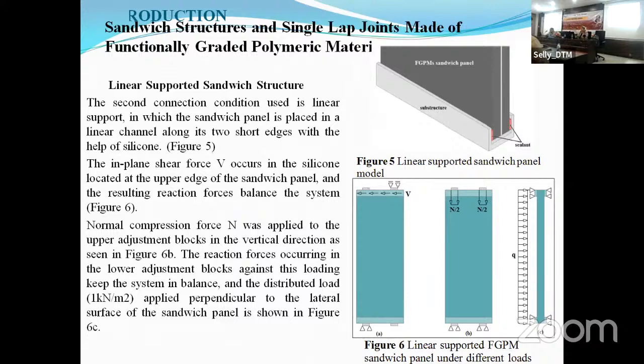So we don't want to drill the glass, we don't want to use bolts. We use adhesive. The connection type is generally an architectural linear connection, which means the sandwich structure is located in a hole with a sealant. It's a linear support.